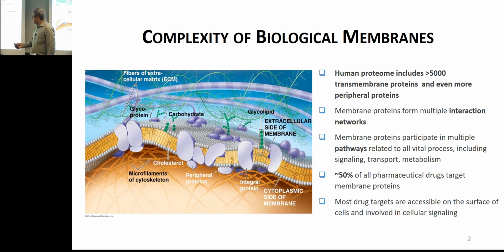These membrane proteins form multiple interaction networks and participate in pathways involved in all vital processes such as signaling, transport, metabolism, and so on. It's also important to know that more than half of all pharmaceutical drugs target different membrane proteins, such as, for example, GPCR, a classical example.